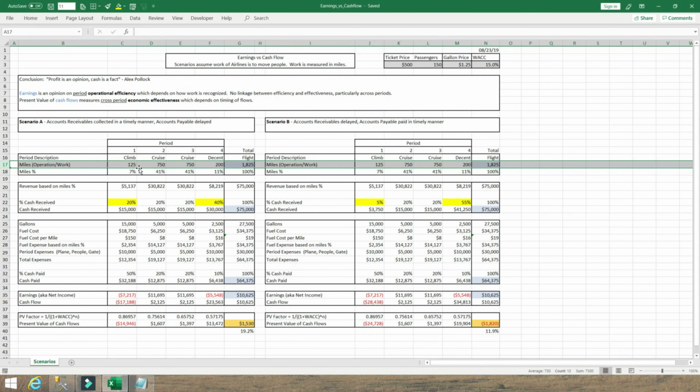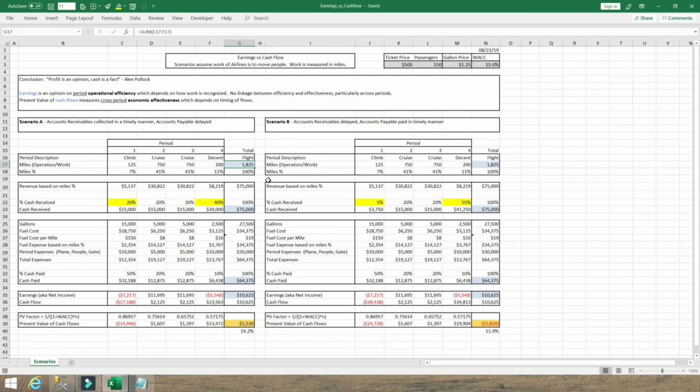So we're going to take a typical trip that consists of a total of 1,825 miles, consists of 125 miles during the ascent or the climbing. We're going to cruise here for the next couple segments of the flight, and then eventually end up in a descent. During those different periods of the flight, we'll have different amounts of fuel that's consumed, and other costs that we'll get into as we go through this example.